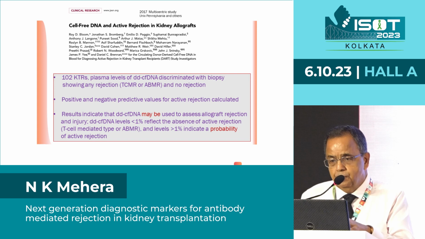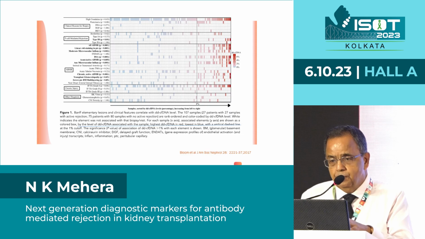Results indicate that ddCfDNA may be used to assess allograft rejection and injury, and levels below 1% reflect the absence of active rejection, and more than 1% is indicative of it. I think the most important part is that the lower levels indicate absence of any rejection. I'm not very sure yet of the more than 1%, although it does indicate active rejection in case-to-case situations.